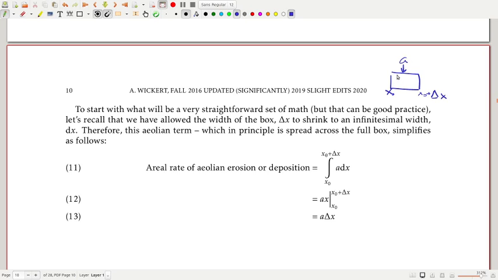And I have this downwards arrow because I'm saying that it is positive when there's extra deposition, which is going to cause this box itself to grow. And so we really want to call it positive if the box gets bigger.